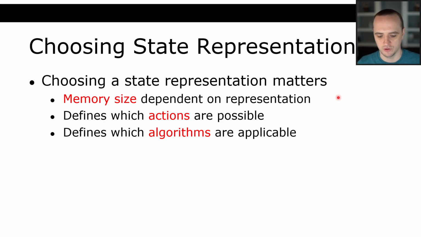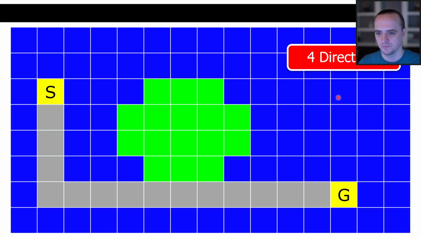So let's just go back real quick and we'll look at some of these. For example, if you have 4-directional movement, then you're probably working with some sort of grid-based representation, right? In a grid, and we'll talk about this a little bit more next time, the size of your grid matters. Because the size of your grid is going to dictate the resolution of your actions, right?